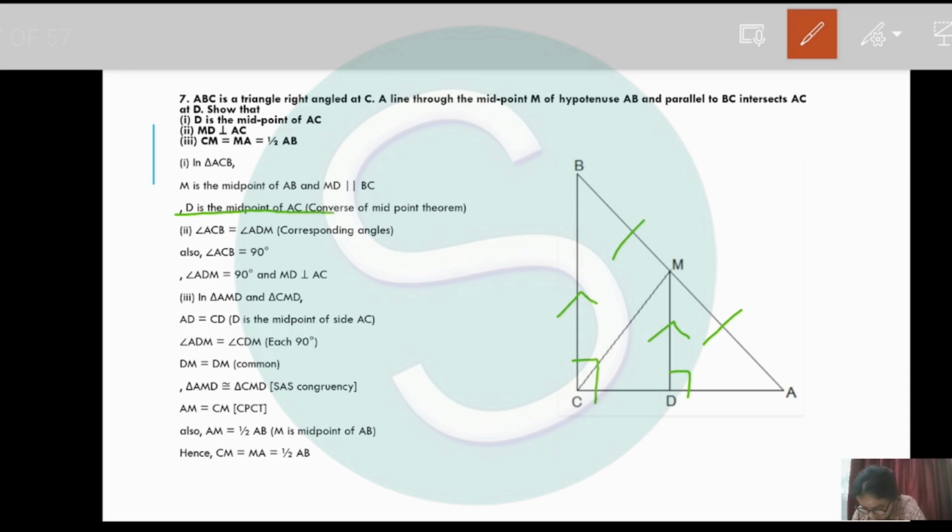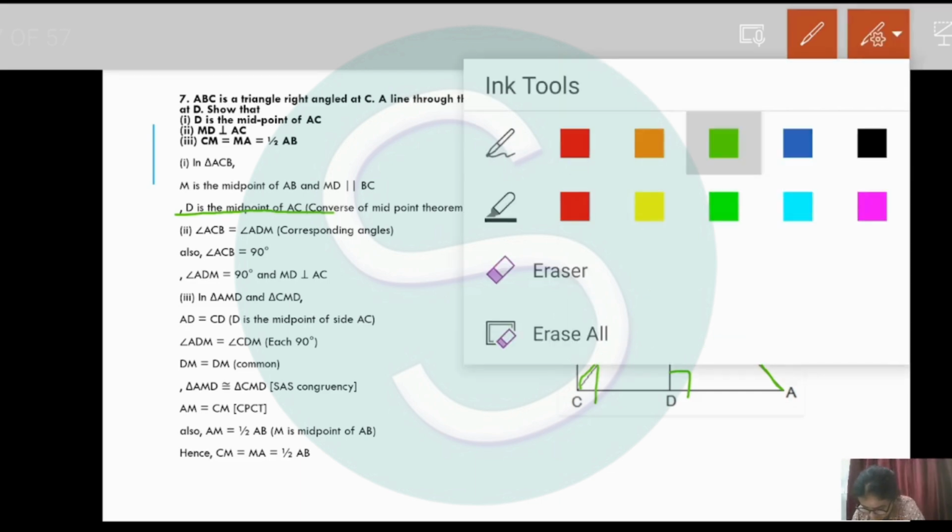Now since MD is parallel to BC and AC acts as a transversal, since C is 90 degrees, D is also 90 degrees as corresponding angles are equal. Now we have to prove that CM is equal to AM, and these two are half of AB.